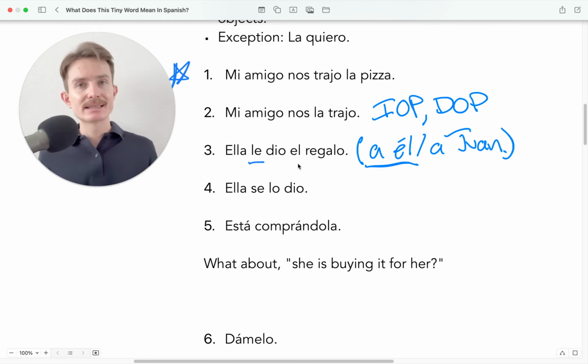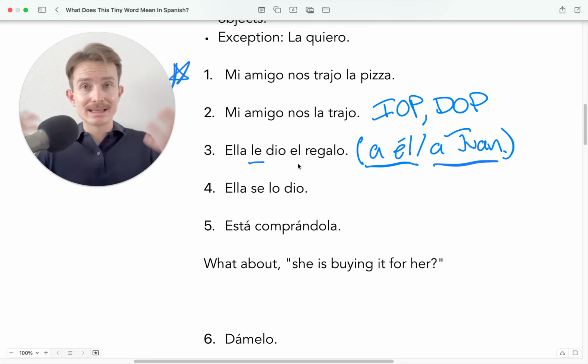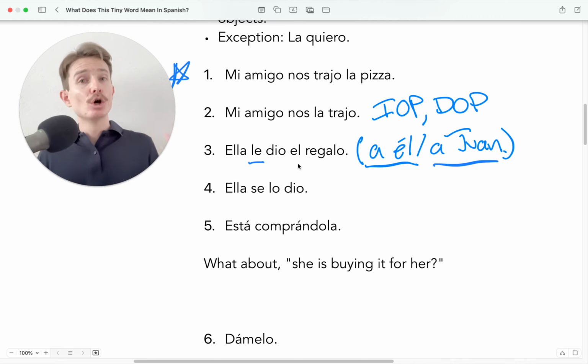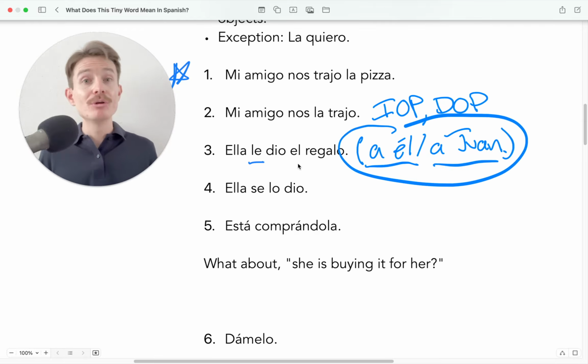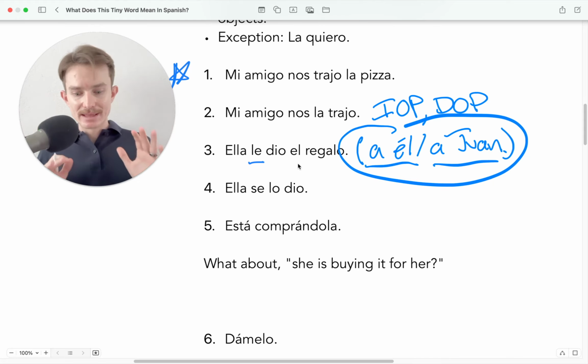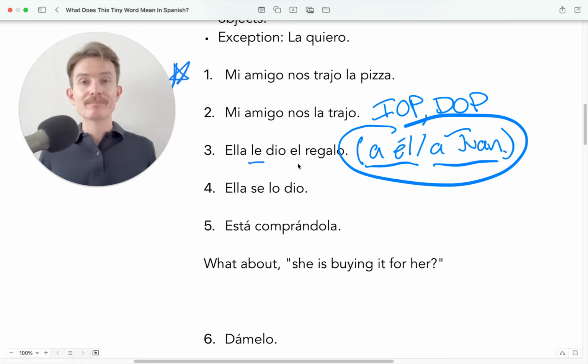A él lets us know that we're talking about him, or we're talking about Juan, to make it even more specific. Who did she give it to? To Juan. Now, this is optional. You do not need to do this. However, if you've been talking about a bunch of different people, sometimes this helps a lot, and it gives us that extra context.